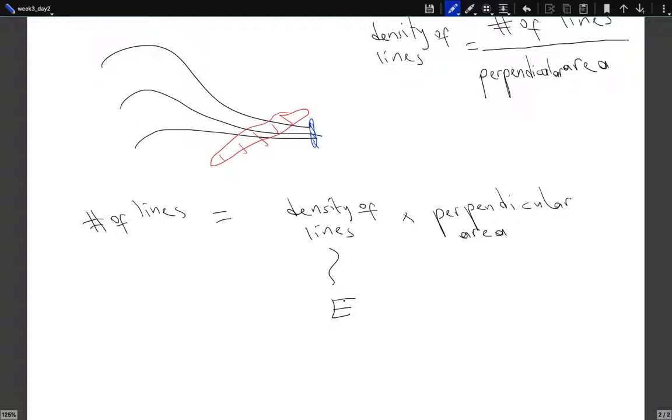If they are less dense in a different region, then in that region the electric field is weaker. So we have this quantity, electric field times the perpendicular area. In a sense, you can say that this will be proportional to the number of lines. And this is defined as the electric flux.